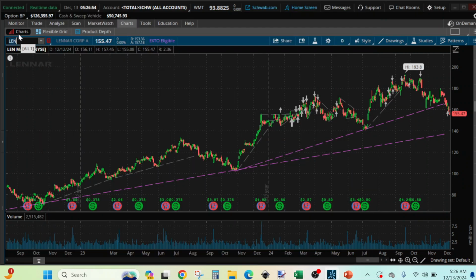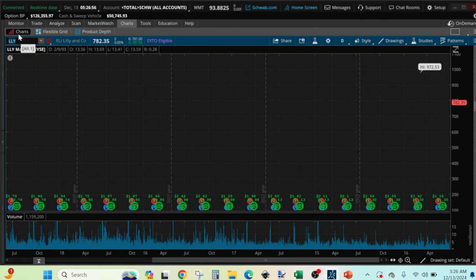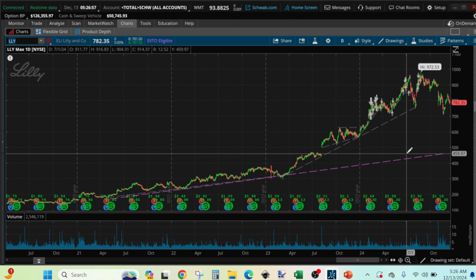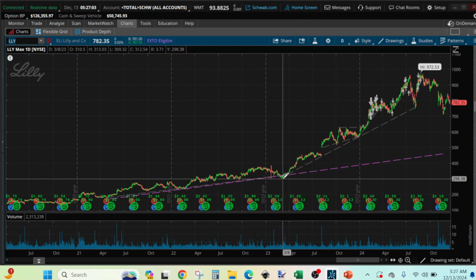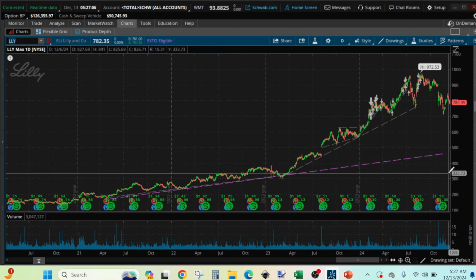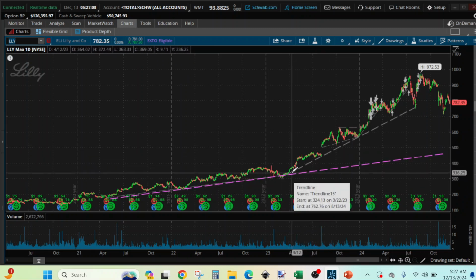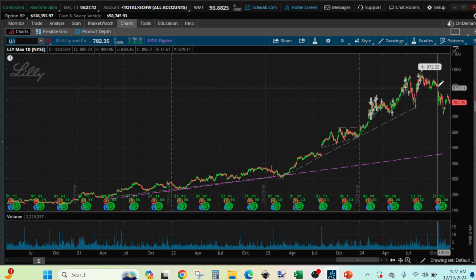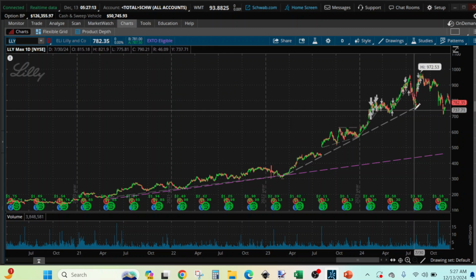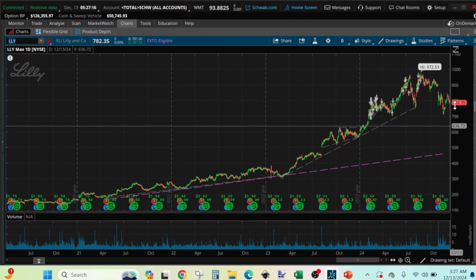LLY. We like to, let me see here. That is a long-term trend line that we are following it through with. This one, if we extend it, is going to go here, and we have things underneath it.